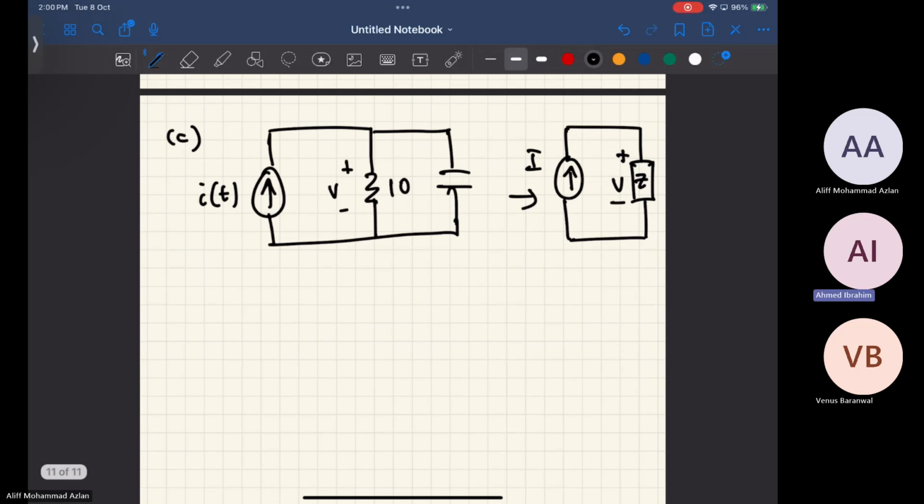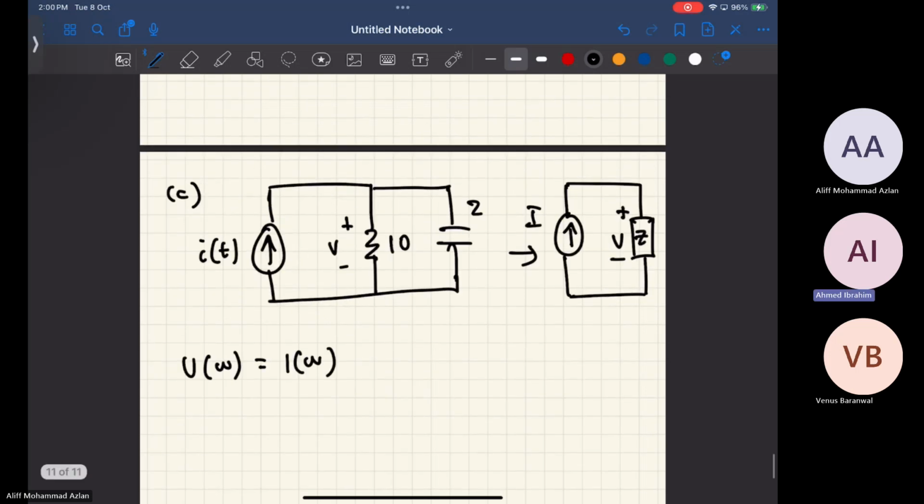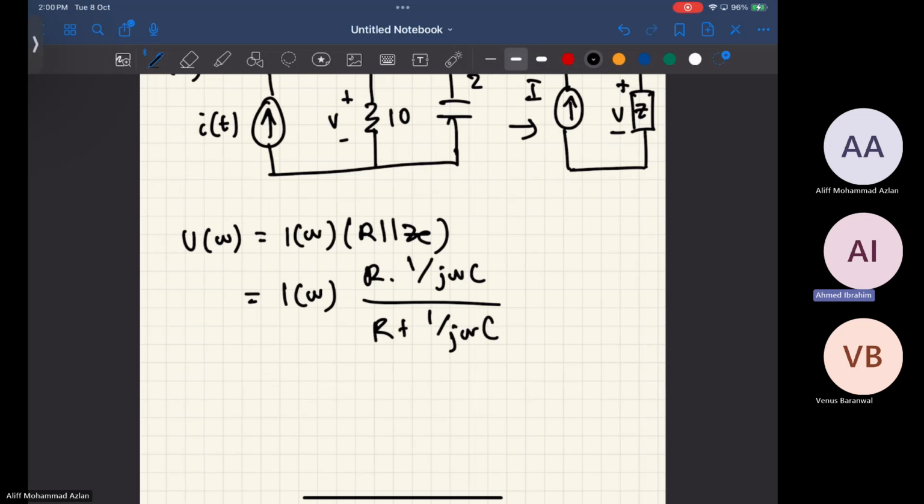So in this case, voltage as a function of omega, we're working in the frequency domain, is the current times the parallel combination of the resistor and the capacitor, which gives us R times 1 on j omega C over R plus 1 on j omega C, and that simplifies to R over 1 plus j omega RC.